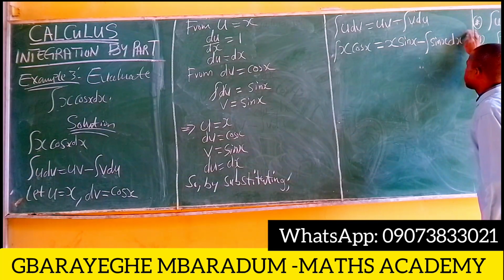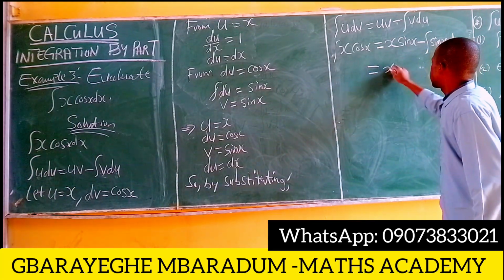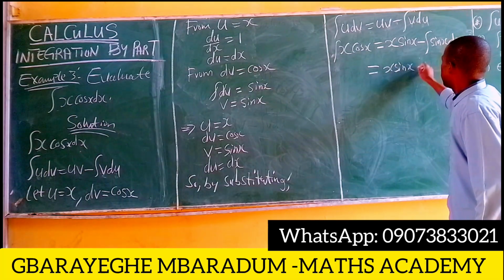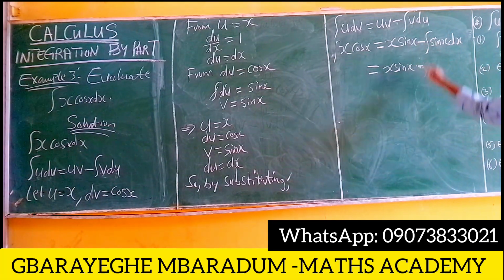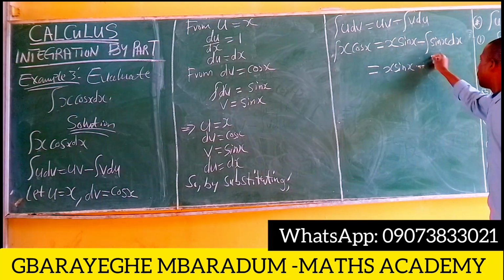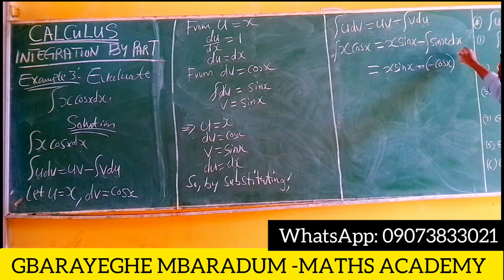So this implies that we have x sin x minus, there is a minus here. If you integrate sin x, you get minus cos x, plus the constant of integration, c.